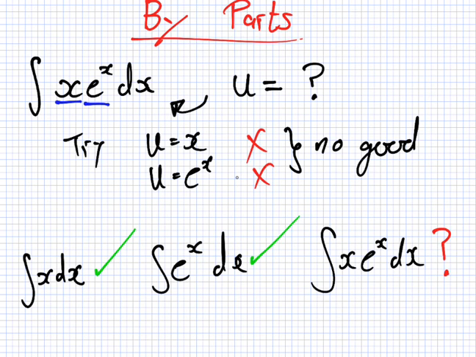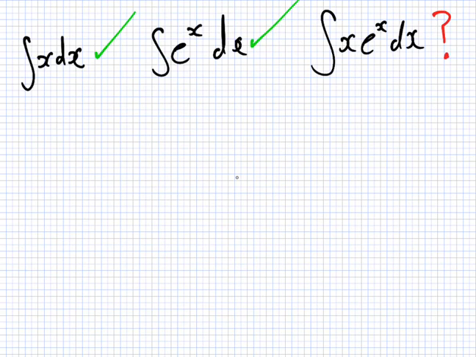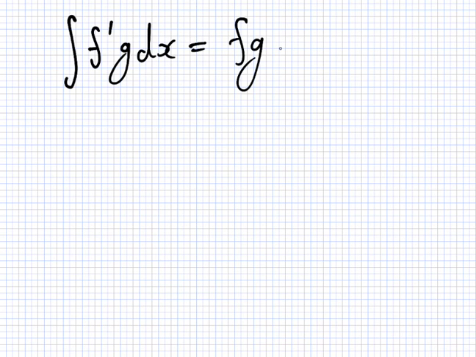The way I write it is the one that I find is easiest for most students, but if you've seen it before, you might have seen it written a different way. So the formula here is, if you want to integrate f g', it's the same as fg minus the integral of f' g, like this.